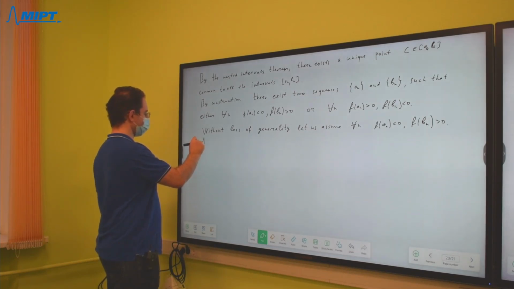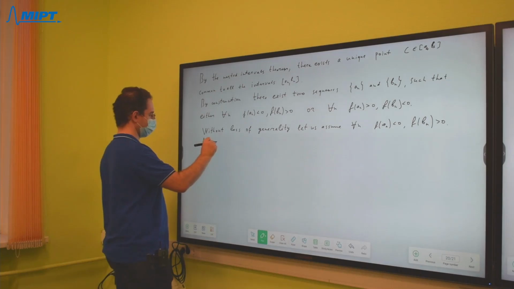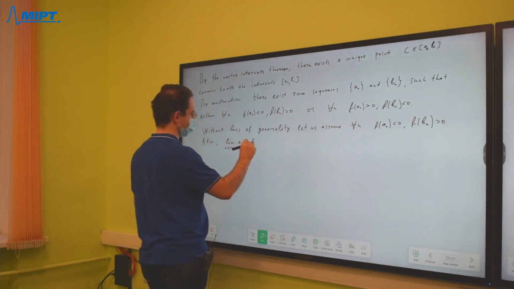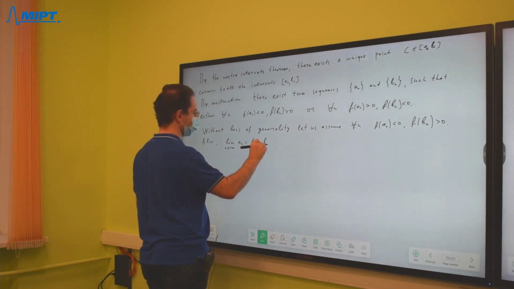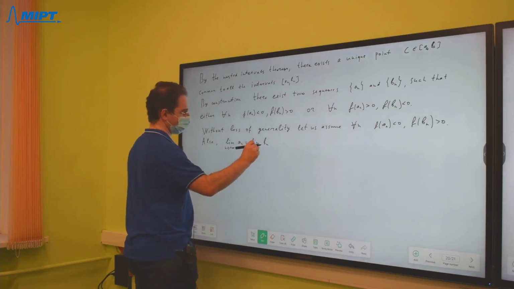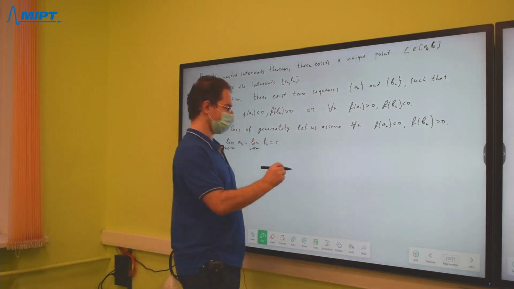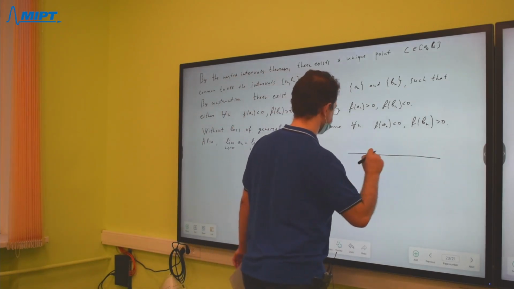Also, we note that the limit of an as n tends to infinity equals the limit of bn as n tends to infinity, which equals this value c. So let me draw once again a picture.